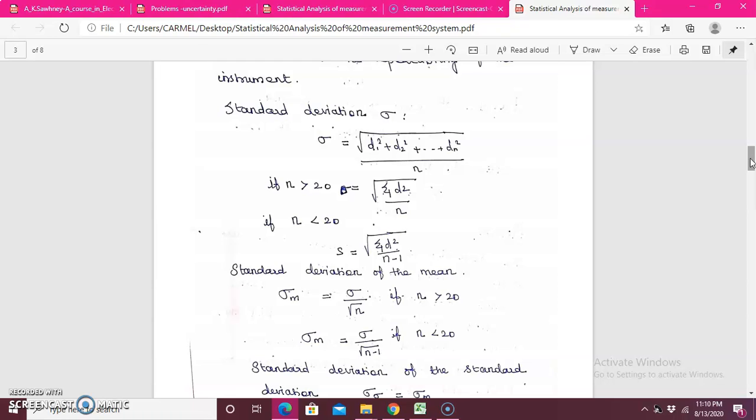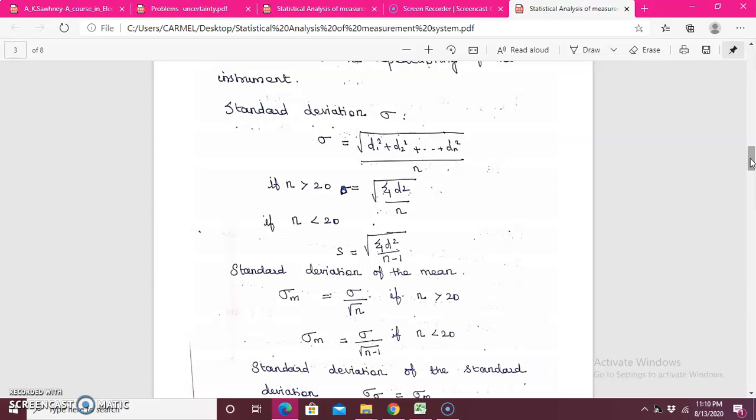If the number of samples is less than 20, we call it S. In that case, the letter for standard deviation is S. If n is greater than 20, then the term we use is sigma.